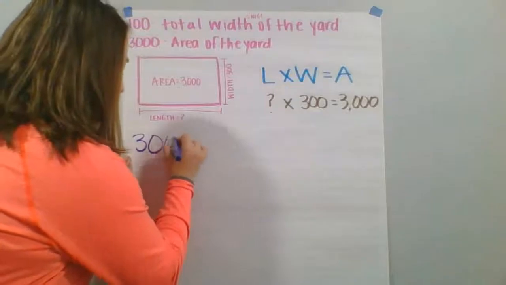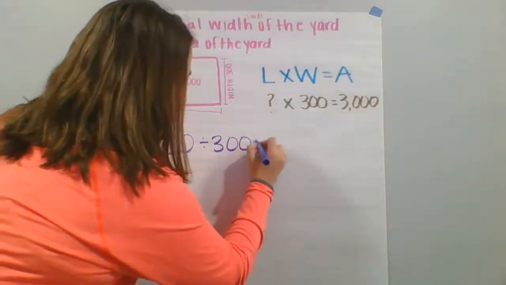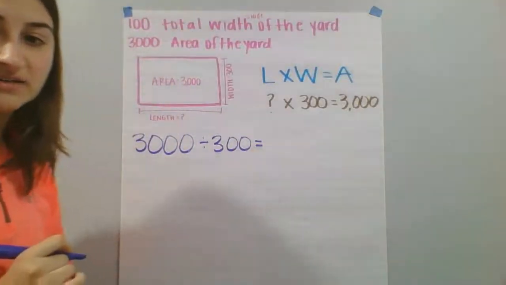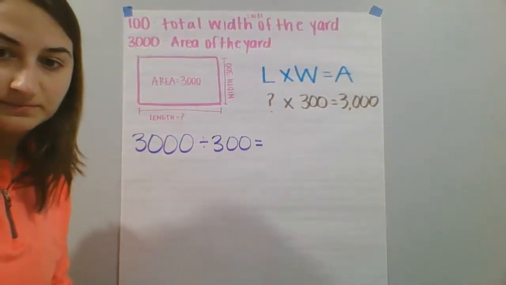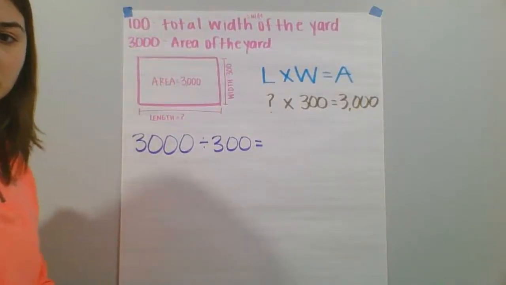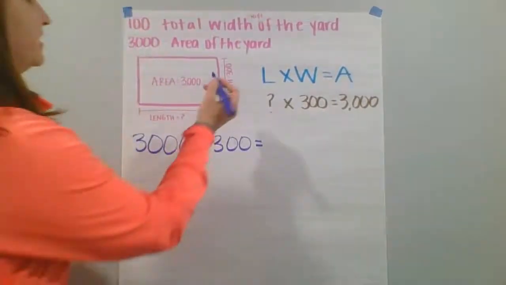So we have 3,000, and we're going to divide that by 300. So let's see. Oops, not 300. Silly.